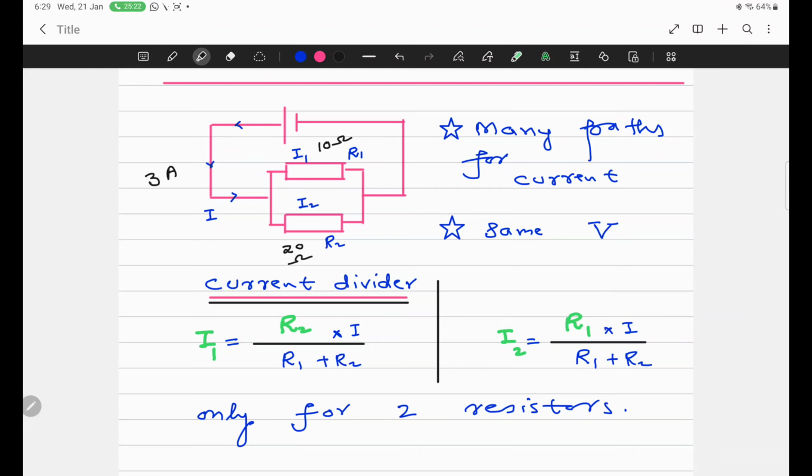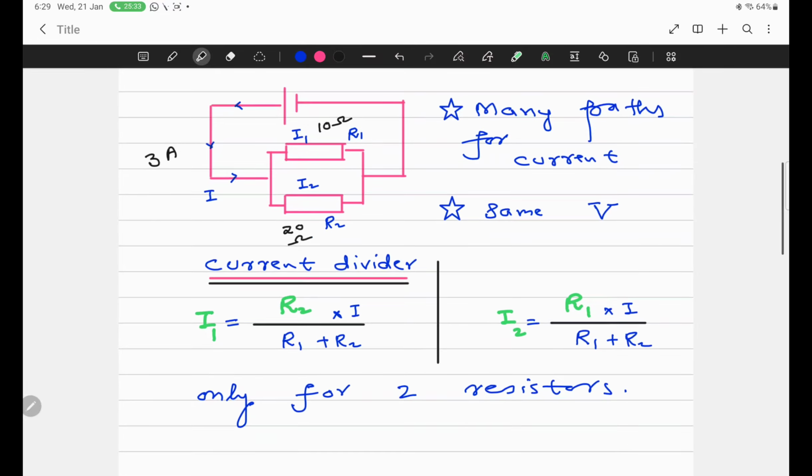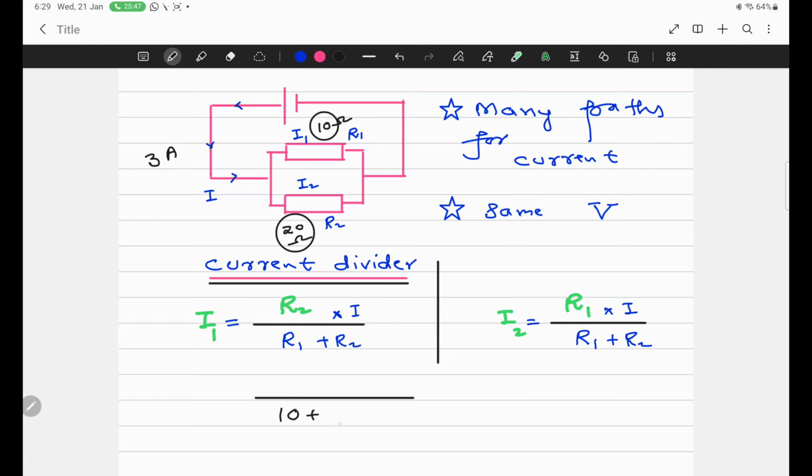No, no, no. It means you are not using the formula, you are just dividing. The 3 ampere is divided in the two resistors, 1.5 and 1.5. No, Simra, I am asking you to use this formula. The formula: R1 is 10, R2 is 20. Total current is 3 ampere.